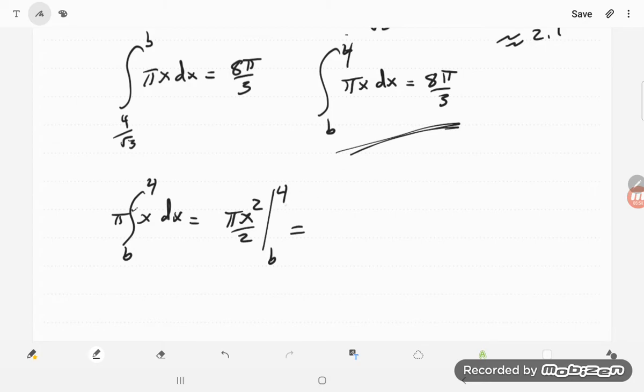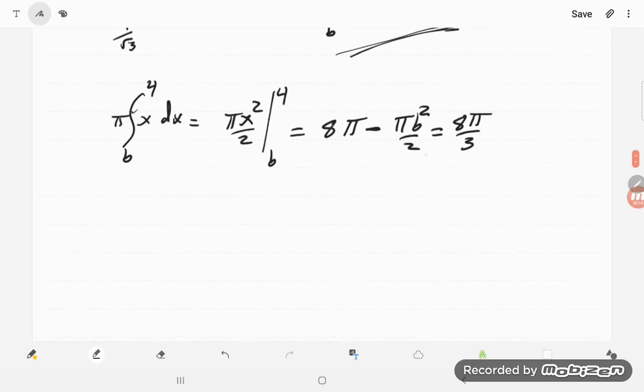Now the 4, I know I get 8 pi, and then minus pi b squared over 2. It needs to be equal to 8 pi over 3. So that means subtracting 8 pi from both sides, I get 16 pi over 3.